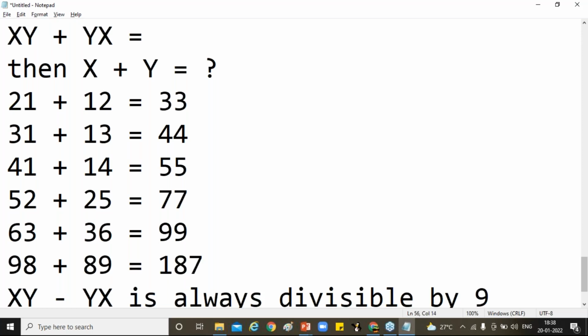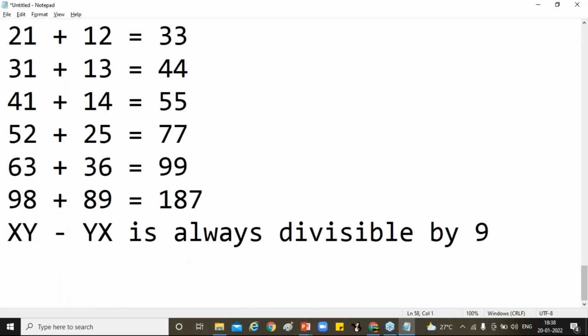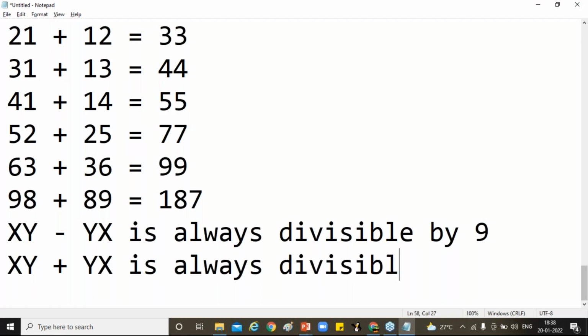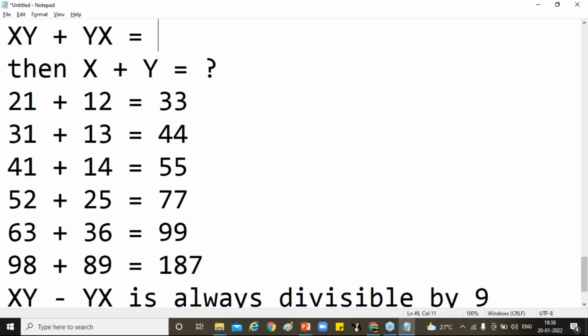Okay. So what do you observe? 33, 44, 55. Xy plus yx is always divisible by 11. So whenever xy plus yx is given, the sum of the digits 2 and 1 is 33 by 11, and 3 plus 1 is 44 by 11.